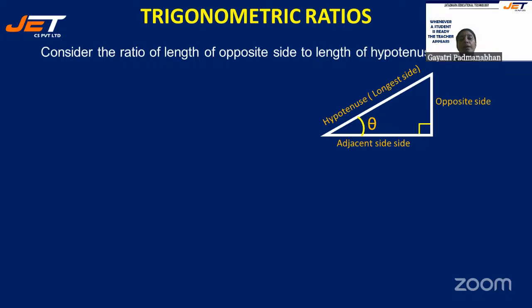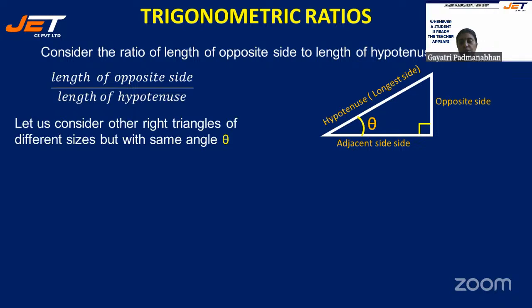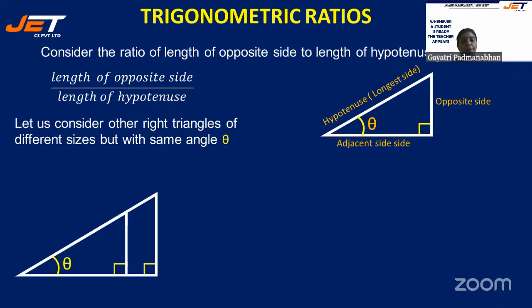Now consider the ratio of the length of the opposite side to the length of the hypotenuse. Let us consider other right triangles of different sizes but with the same theta.